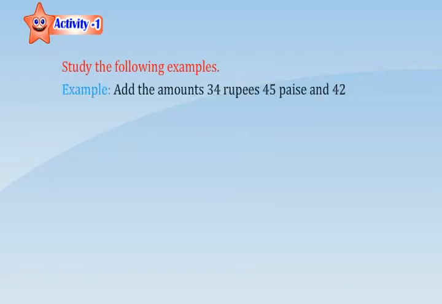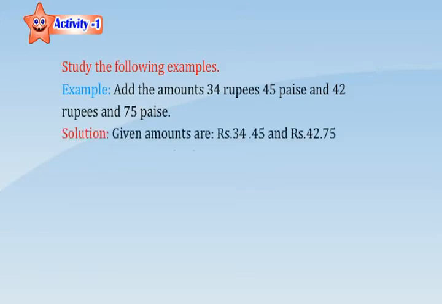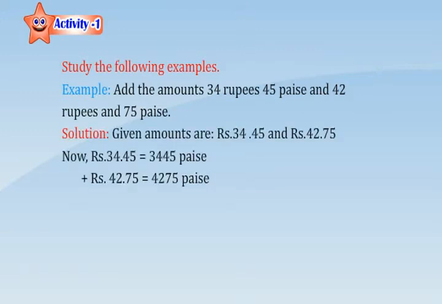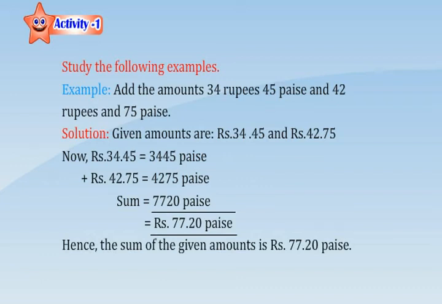Example: add the amounts 34 rupees 45 paise and 42 rupees 75 paise. Solution: given amounts are ₹34.45 and ₹42.75. Hence, the sum of the given amounts is ₹77.20.